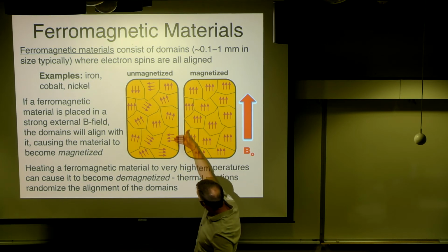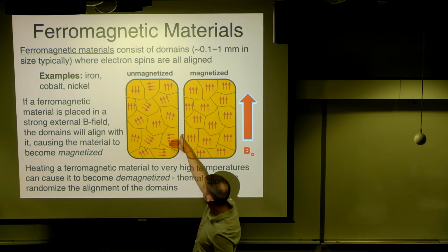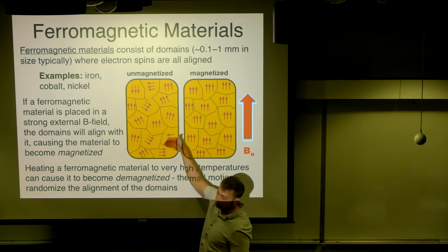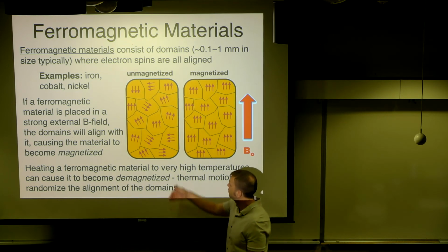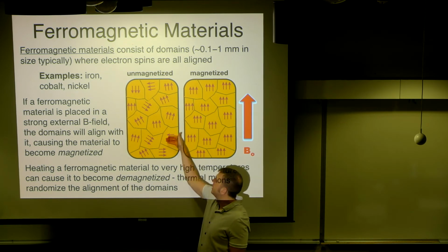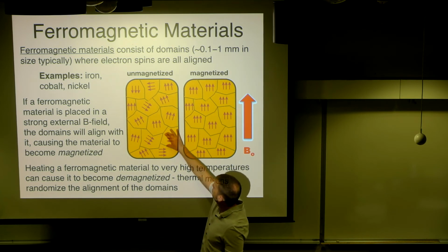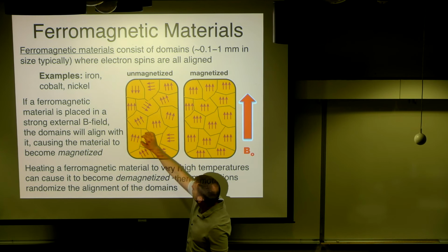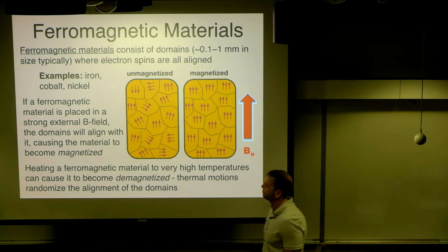So there is basically a B field contributed by each one of those electrons. Each one on its own is pretty tiny and insignificant, but if you have a whole bunch of them where they're all aligned, they might add up to give you something that's noticeable. So that's what we see within each one of these domains. You get a little magnetic field pointing in a certain direction.